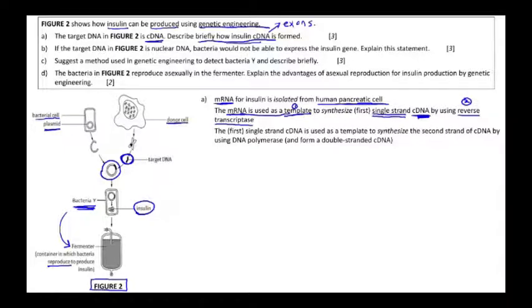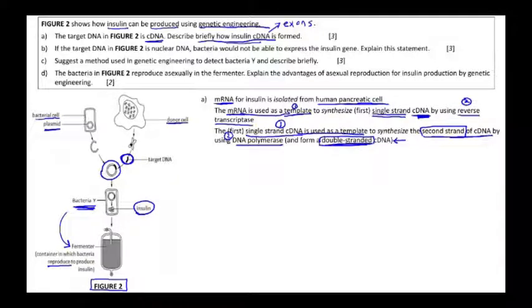That's why we will need to produce another strand to make this cDNA double-stranded. So what do we need to use to produce the second strand of cDNA? We need the first strand, the single-strand cDNA, as template, as well as the enzyme DNA polymerase. These two are needed to produce the second strand of cDNA, and that's how we get a double-stranded cDNA.